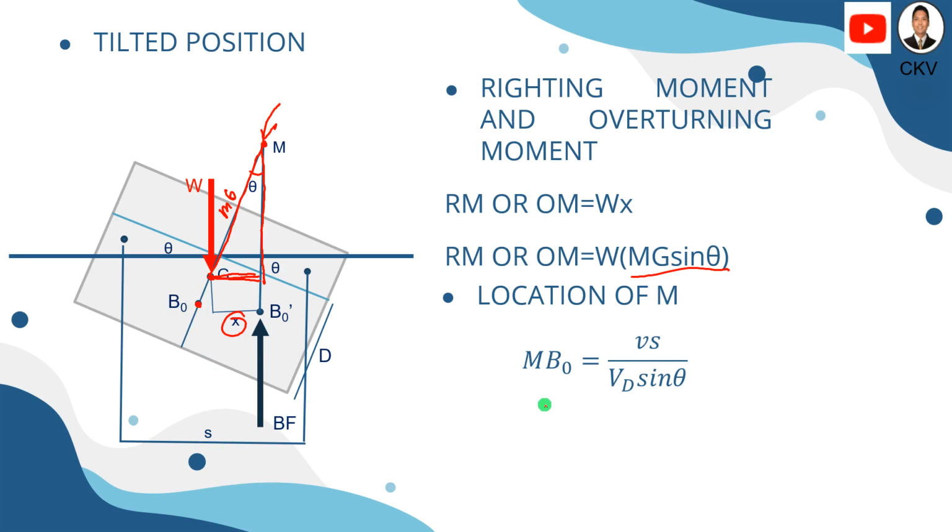We have a general formula: MBO equals Vs over Vd, sine theta. This V here is the volume of the wedge that is submerged in the fluid, as well as the volume of the wedge on the other side that is reduced.